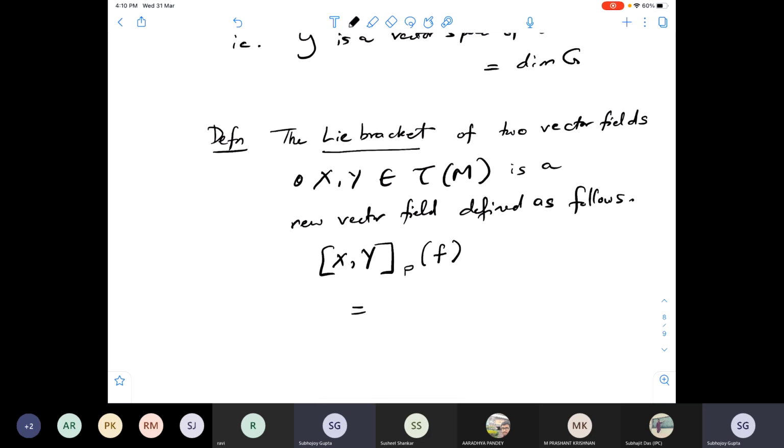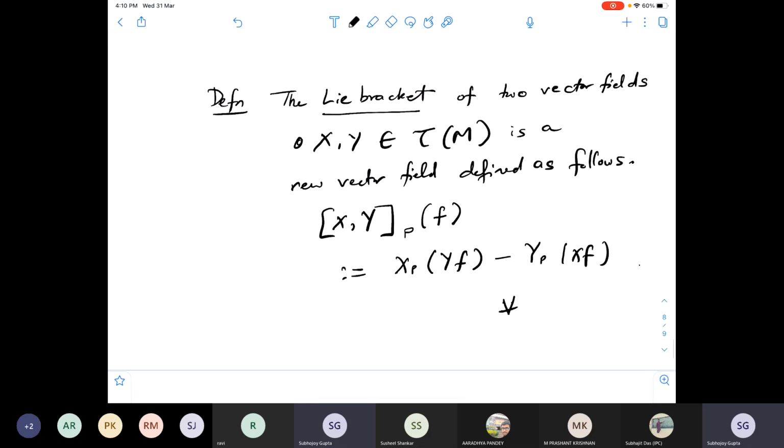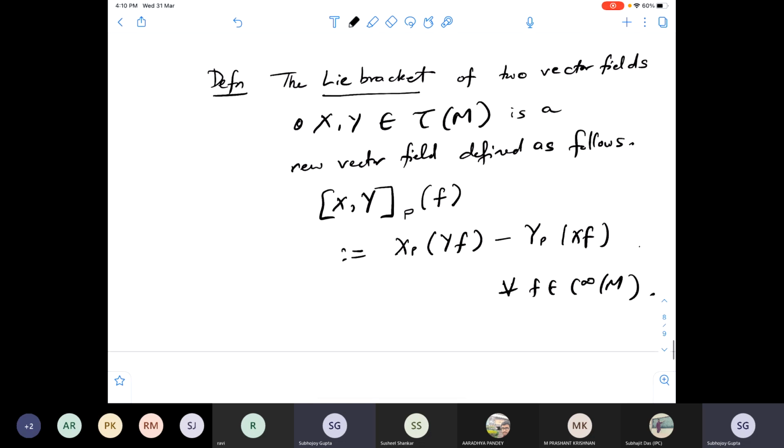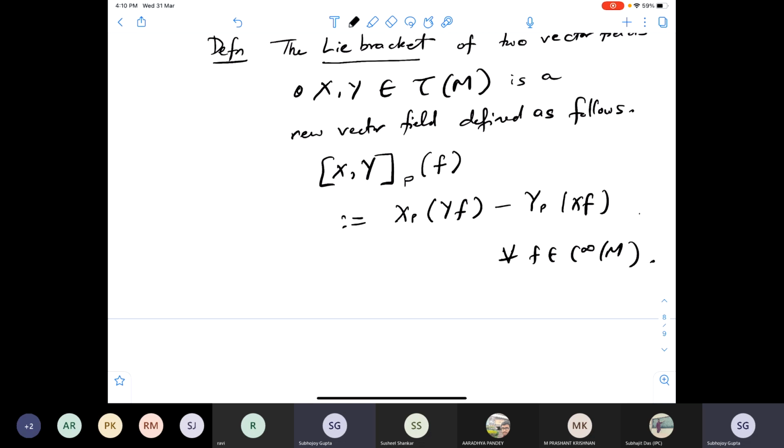So I'm going to define it by saying that the Lie bracket gives you a vector at the point p, which is the derivation X_p acting on the smooth function Yf. Remember, Y is a smooth vector field defined on all of M. That defines an operator that acts on a smooth function and gives you another smooth function, which you can feed to this derivation, minus Y_p applied to Xf, for all f in C^∞(M), and for each point p in M.